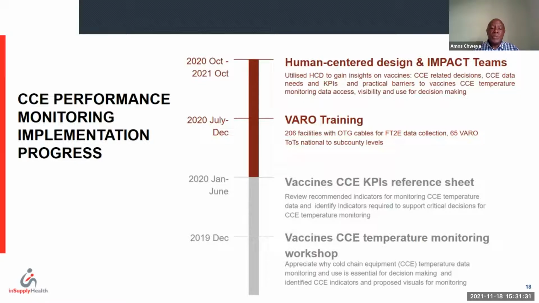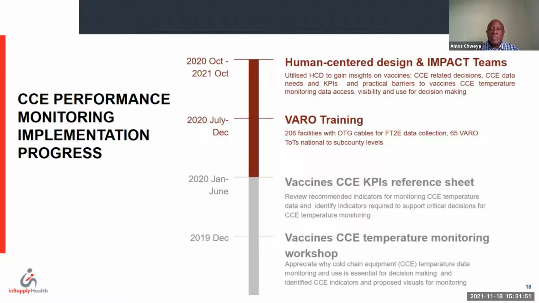After that, in 2020, January to June, we had a smaller team that went and looked at what was recommended in the previous meeting, which indicators were recommended, and what they recommended as visuals to visualize those indicators.